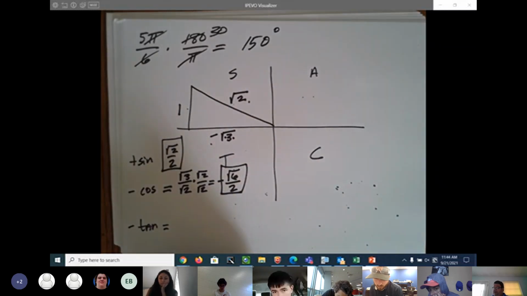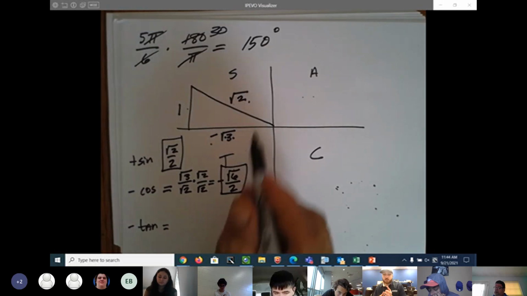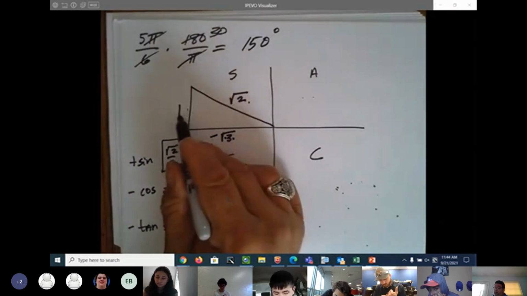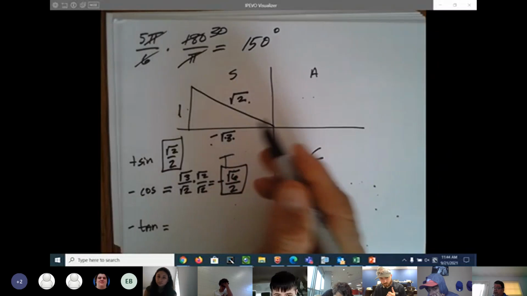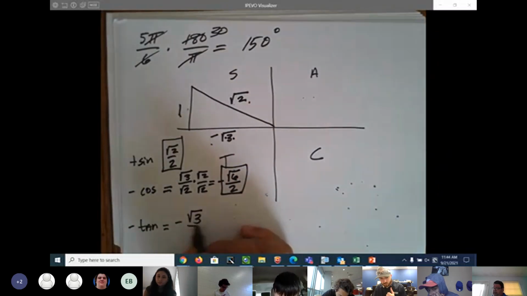And the tangent of apple of 1 over square root of 3, so that's going to be negative square root of 3 over 3.